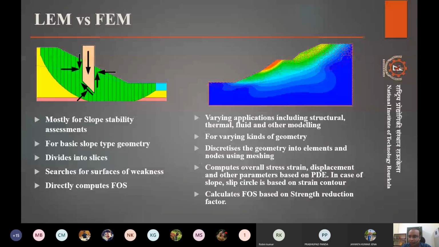So if we are considering a slope stability analysis, it will calculate the various stresses and strains at each and every point of this geometry and find out their values. Based on the strains that are developed and the thresholds of the critical strains, it decides which is the most susceptible plane of failure, and whether the slope will be stable or not.